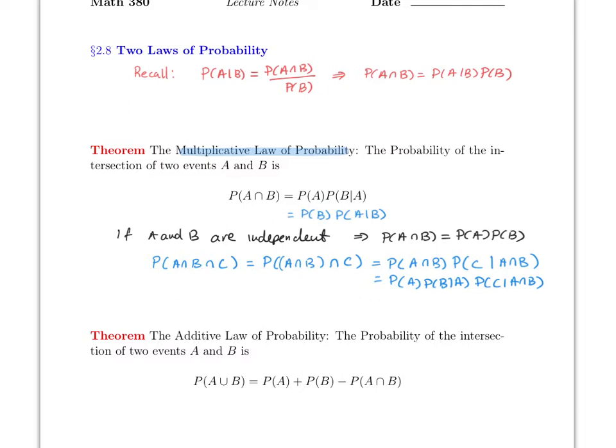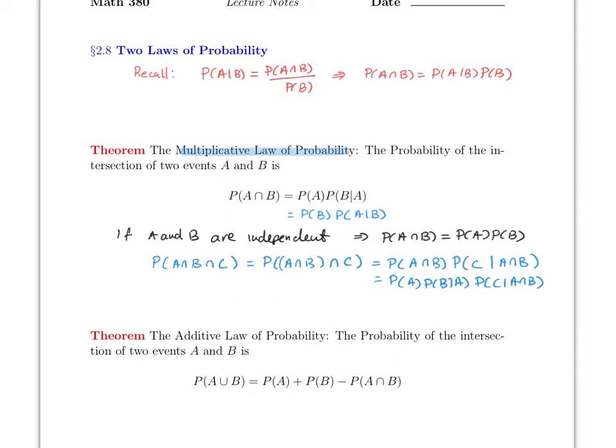Now another way to look at this is, if they were not independent, and if they're independent, this makes things a lot easier, you'll see right now. Let's say this is the probability that the first person out of three that you ask likes chocolate, and the second one, and the third one. That will be equal to the probability that the first one likes chocolate times the probability that the second one likes chocolate given that the first one likes chocolate times the probability that the third one likes chocolate given that the first and the second one like chocolate.